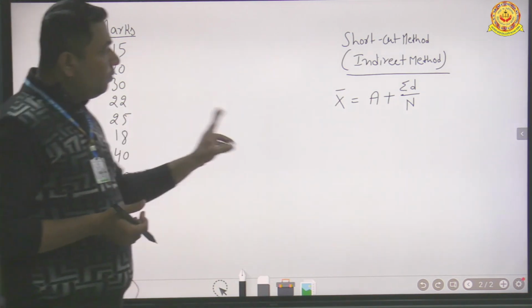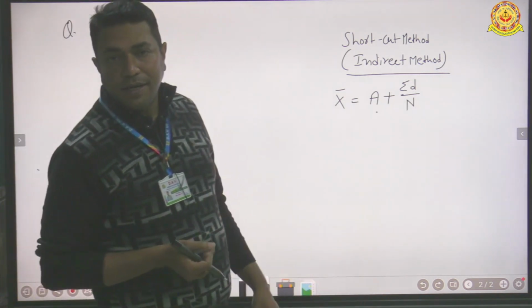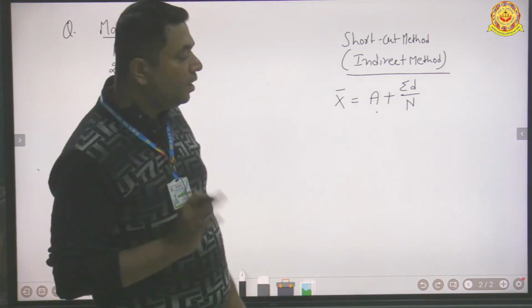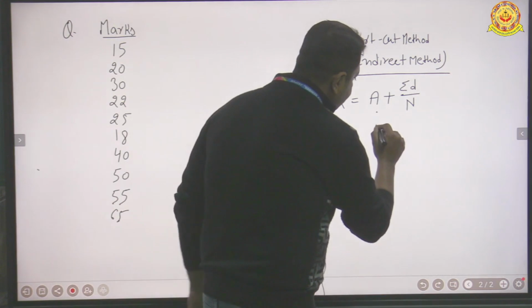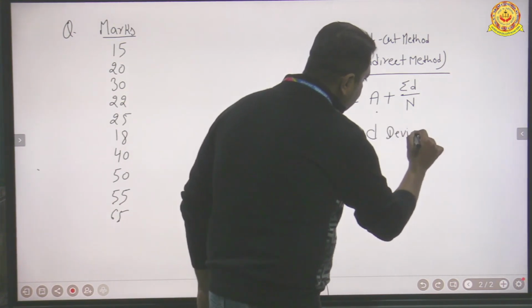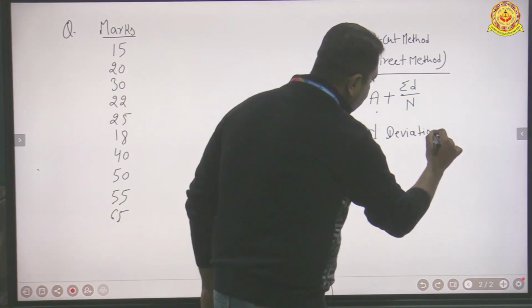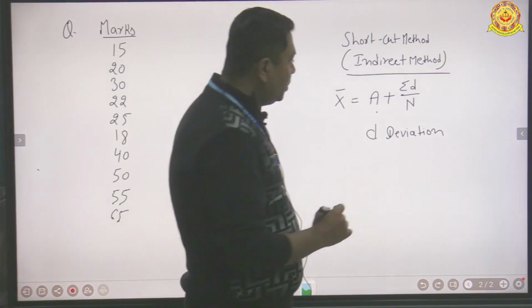Now after taking the assumed value, you need to calculate sigma d, meaning deviation. D is deviation. Now how to calculate the deviation?